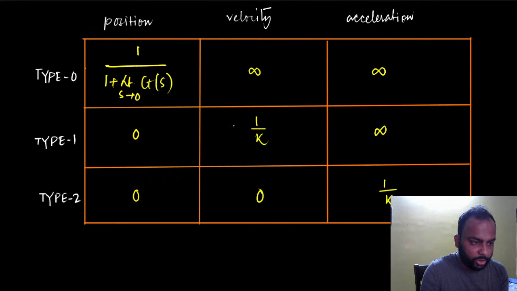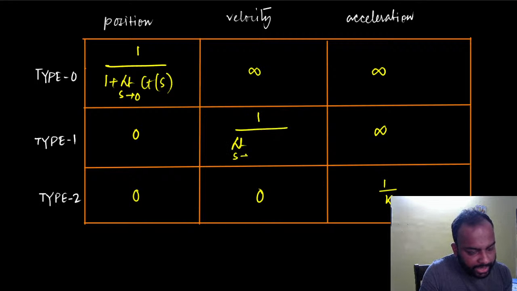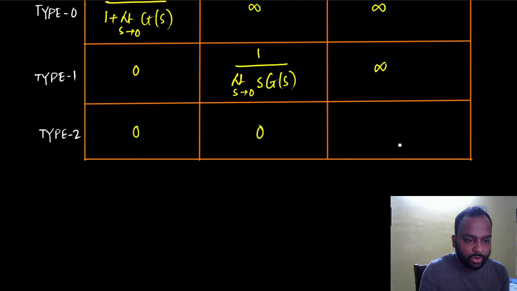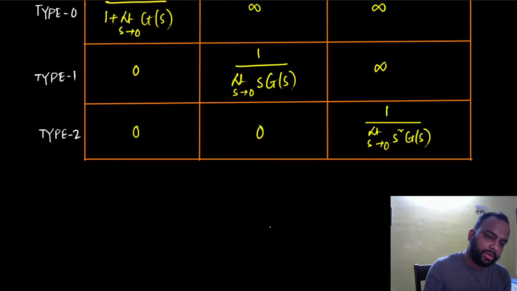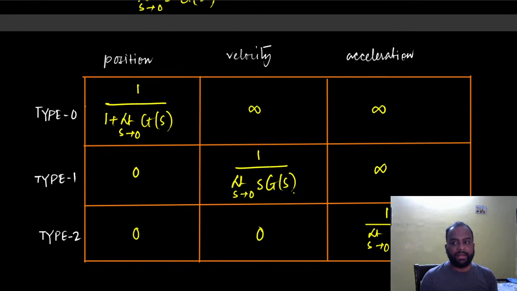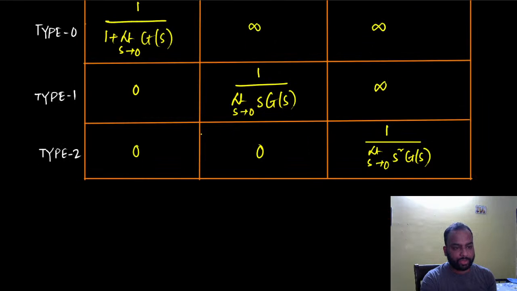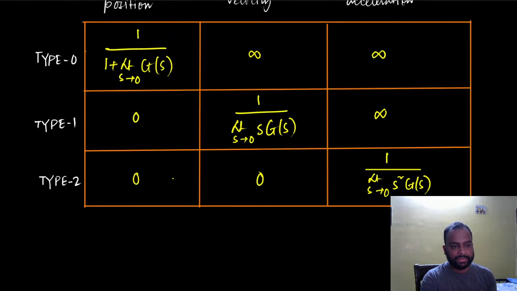Of course these are going to be true, and this is going to be 1 by limit s tends to 0 of s G(s), and this is going to be 1 by limit s tends to 0 of s square G(s), right? So these are better terminology that we can use. I think this is kind of better. Now it is not assuming any special form of the transfer function, it could be any transfer function now, right? So this is kind of the special form here.